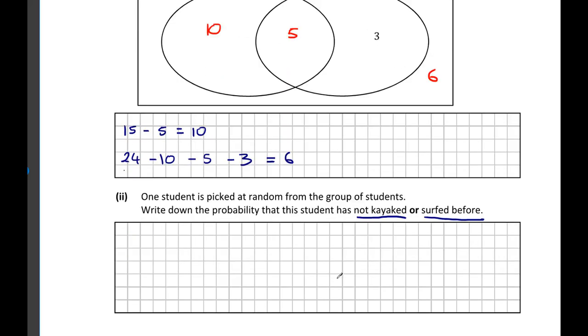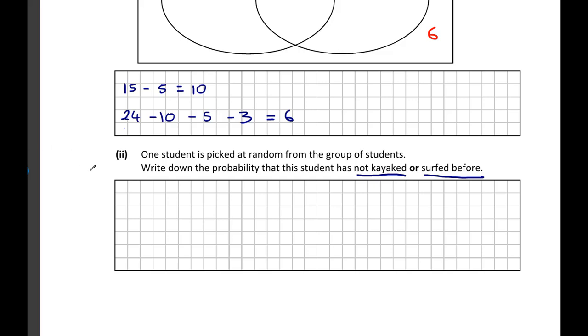So the probability of not kayak nor surf. Now, how would I write this? Probability. I'm just going to say, there's no point in writing it in a fancy way. Let's just write probability equals, well, it's the total people who have not kayaked or surfed.